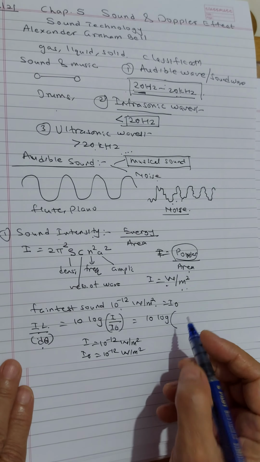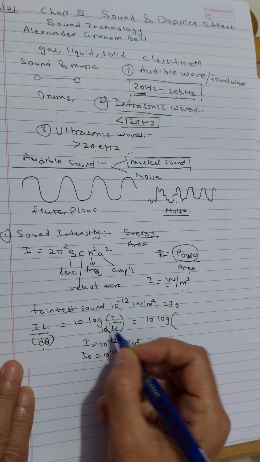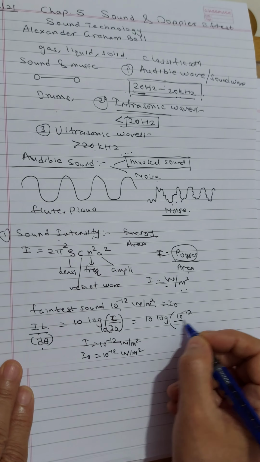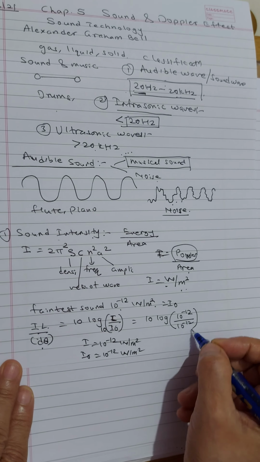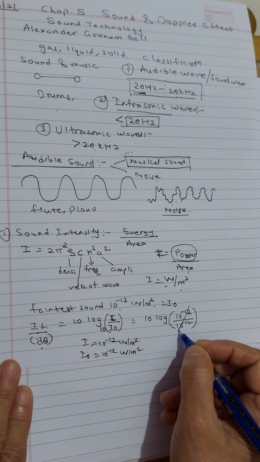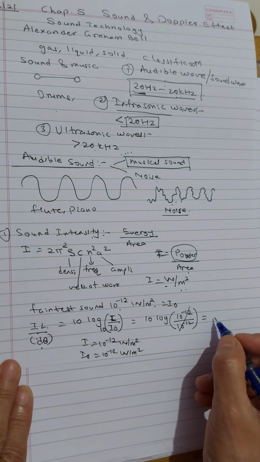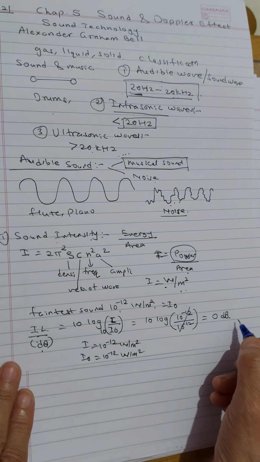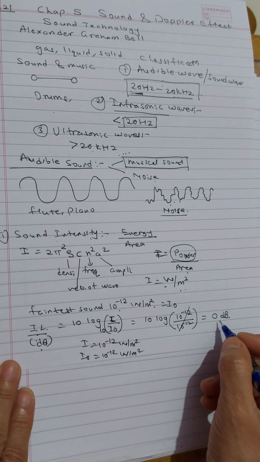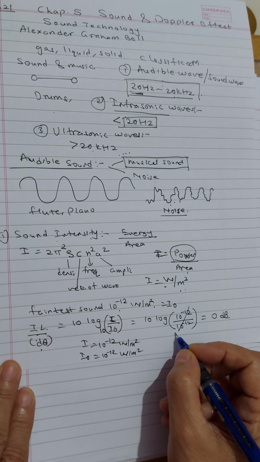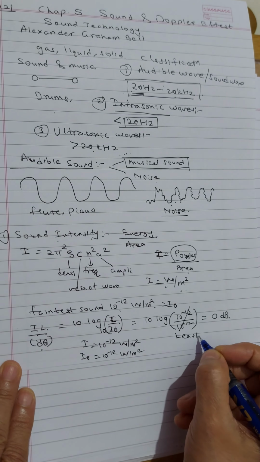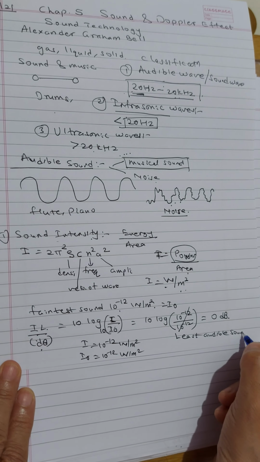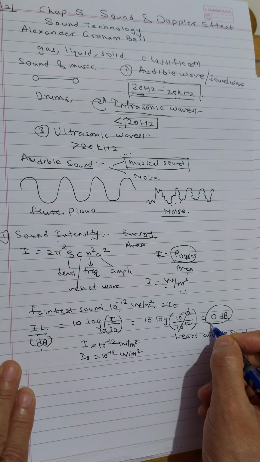So I'll say 10 log to the base 10 of 10^-12 divided by 10^-12, which gets cancelled, and I get 0 dB. The intensity level of the least audible sound is 0 dB.